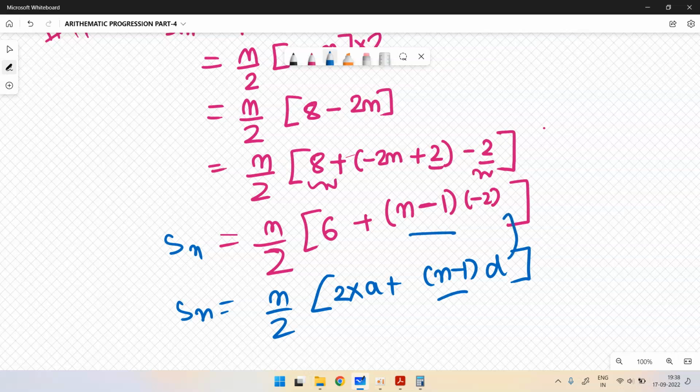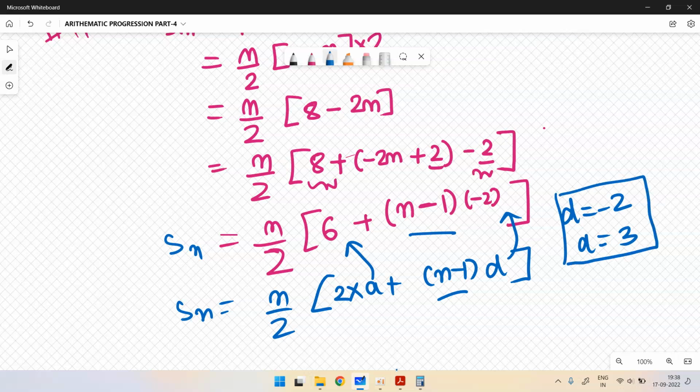So d is nothing but minus 2, and for a, 2a is 6, so a will be 3. The first term is 3 and the common difference is minus 2. The next term is 3 plus minus 2, which is 1, and the third term is 1 plus minus 2, which is minus 1.